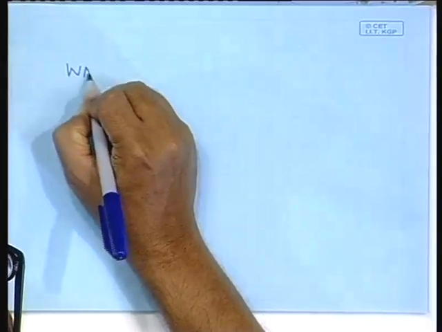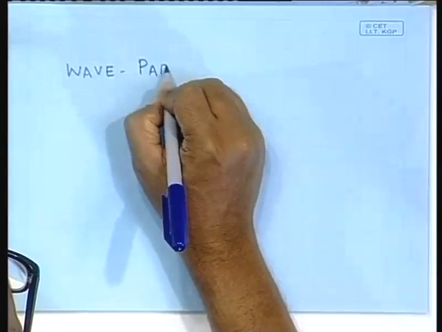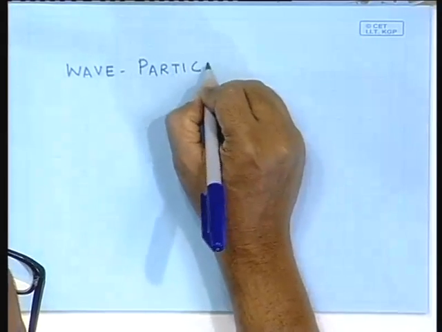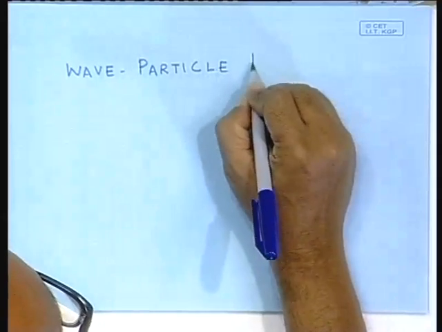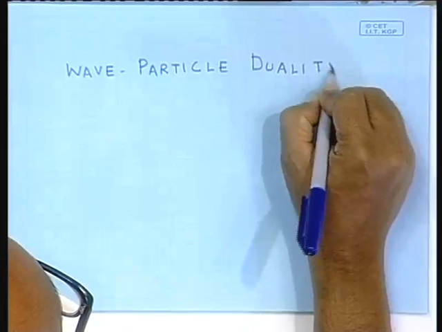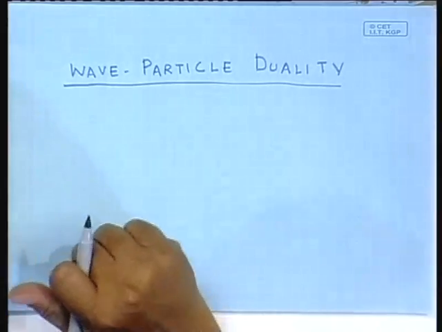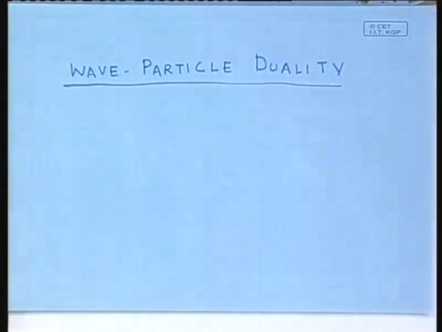It behaves like both a particle and a wave, and this is what is referred to as the wave particle duality. So, light behaves like both particles and waves.